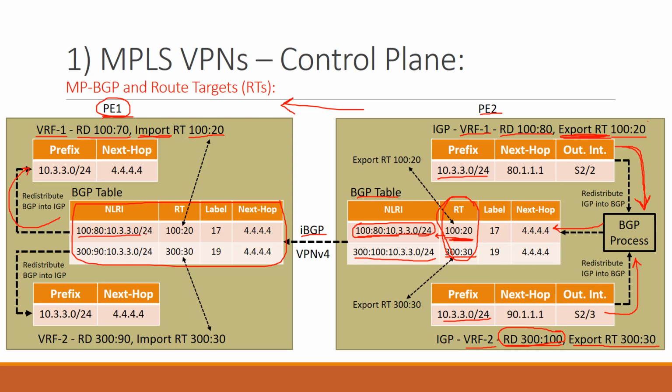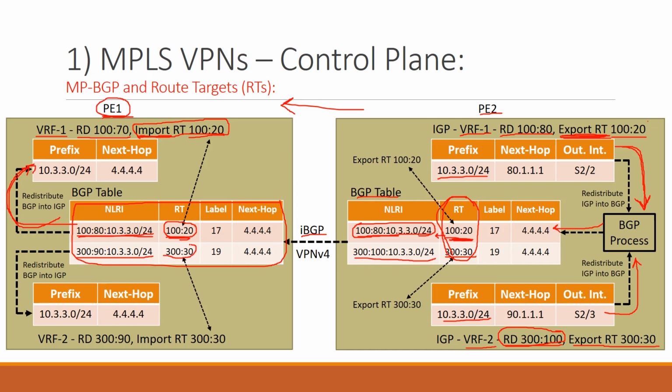But which entry will be distributed to which VRF? It is based on the route target. The route target came with this new IP prefix. It will check the import route target inside VRF1. Once they are the same, this entry will be added to this VRF.